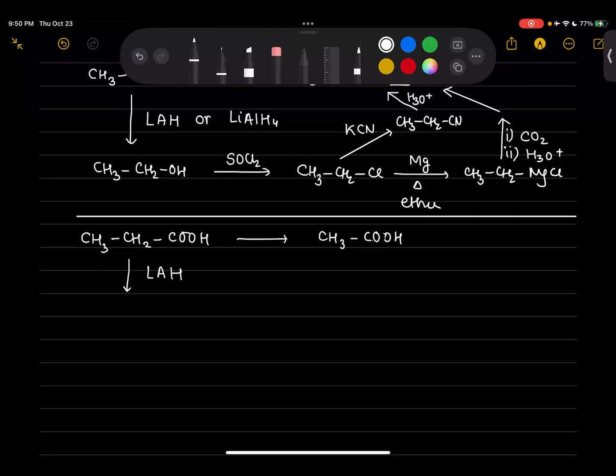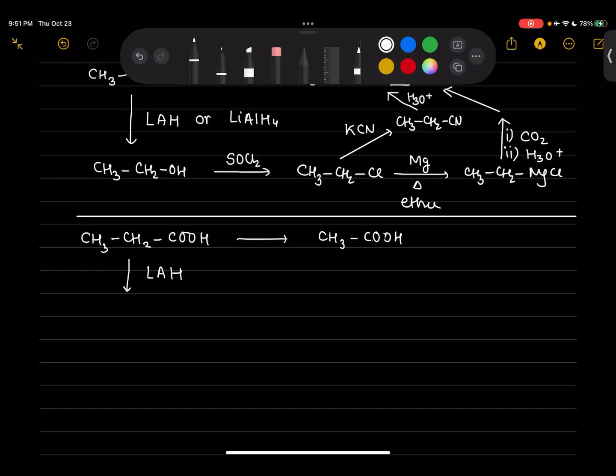What are we going to get? LiAlH4 will convert the carboxylic acid to primary alcohol.